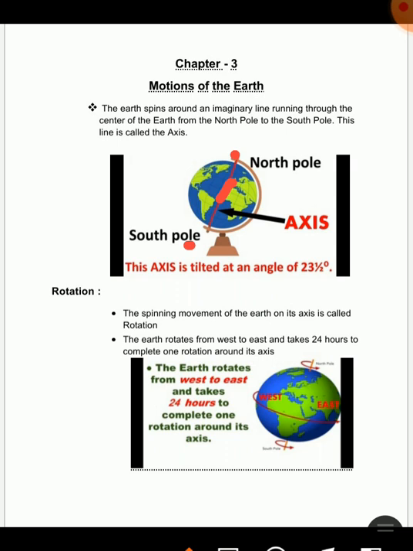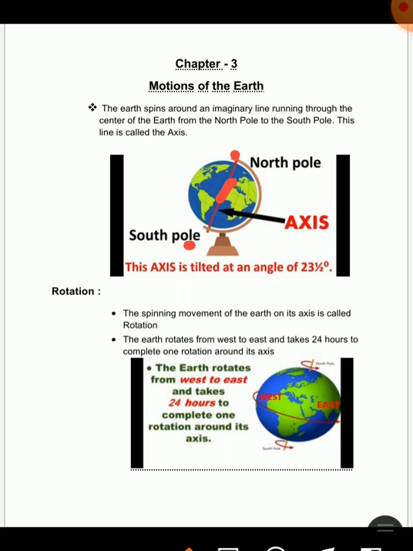You can say the axis is inclined at an angle of 66 and a half degrees to the plane of the Earth's orbit around the Sun. This plane is also known as the orbital plane, and the inclination is called the inclination of the Earth's axis.